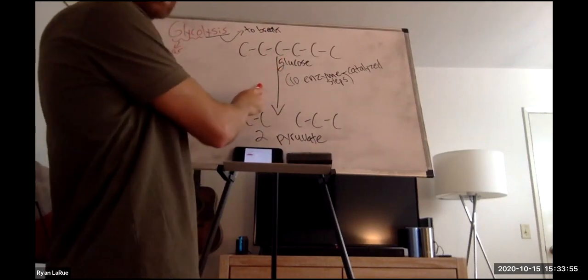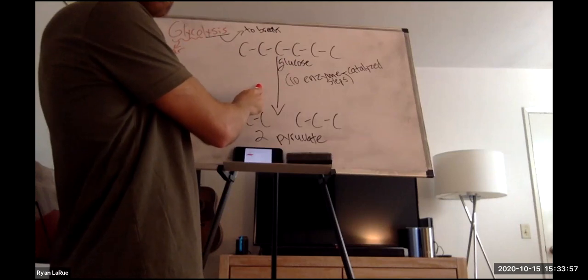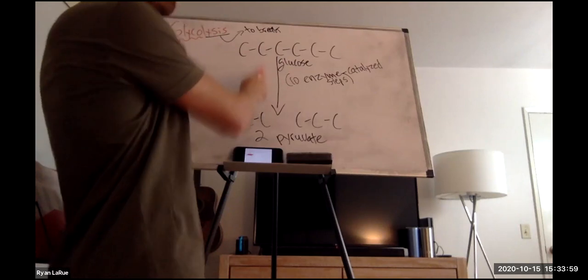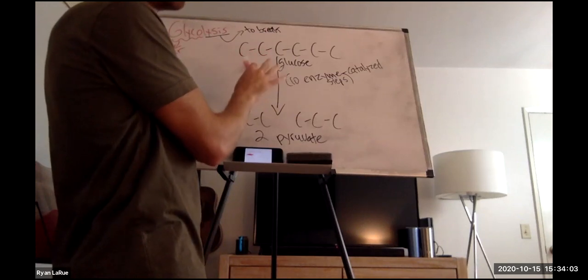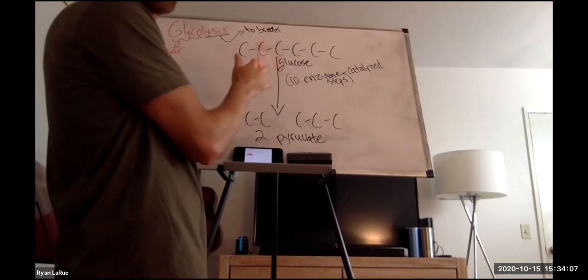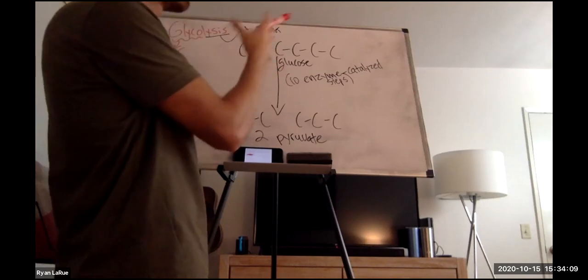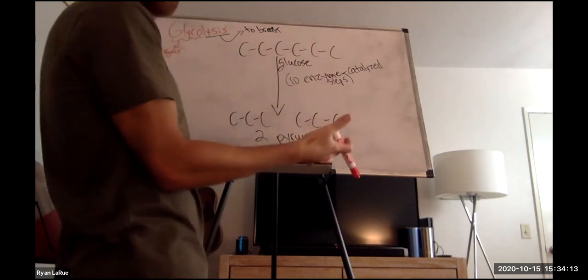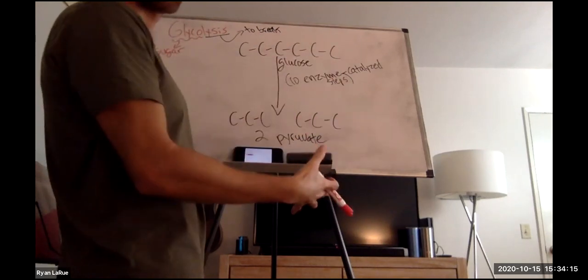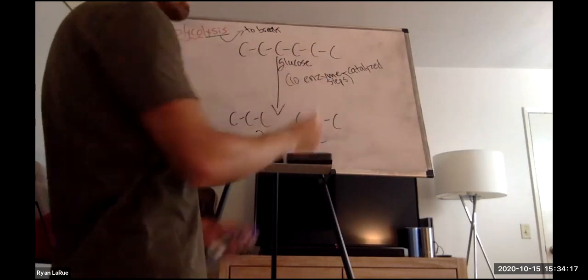There's 2 oxidation steps. I don't remember the specific steps of glycolysis, but essentially glucose becomes another molecule, right, as it's being modified throughout these 10 steps.